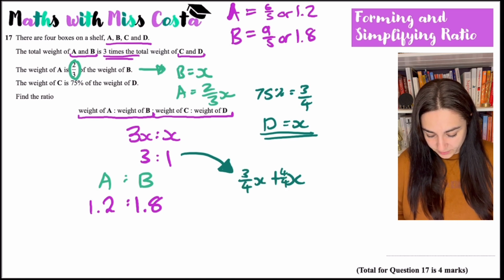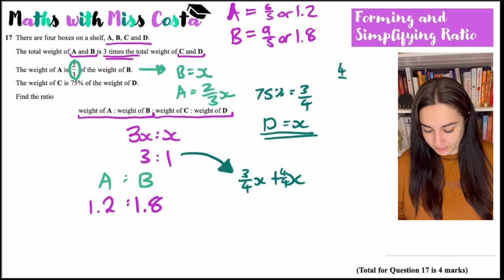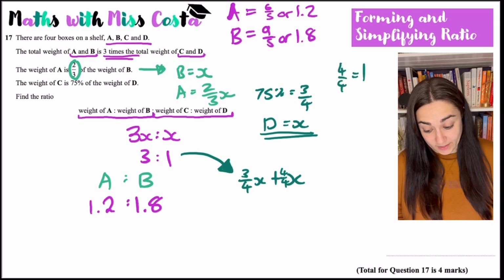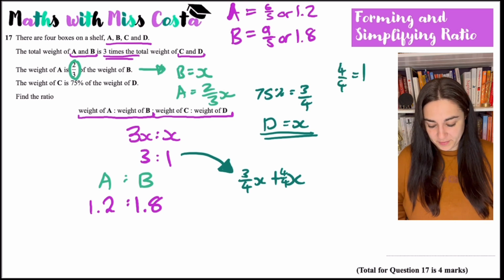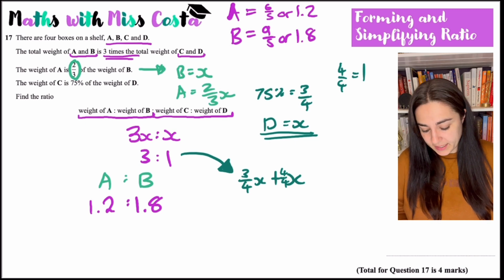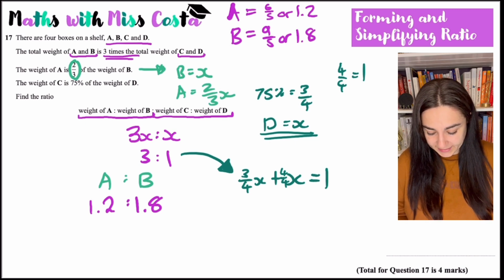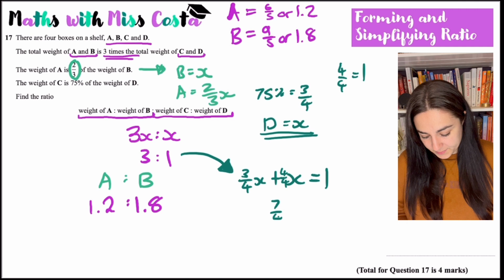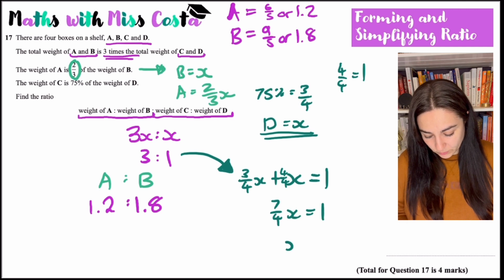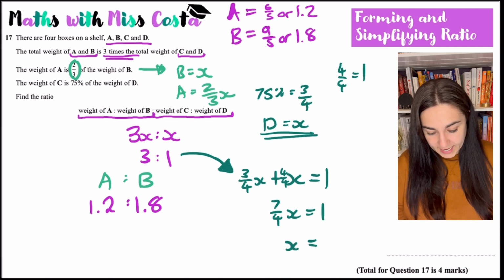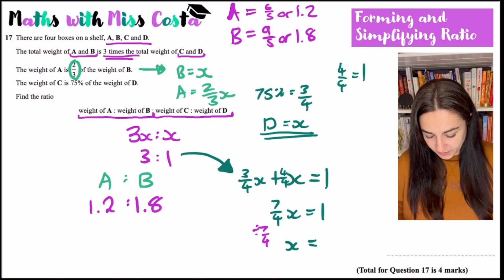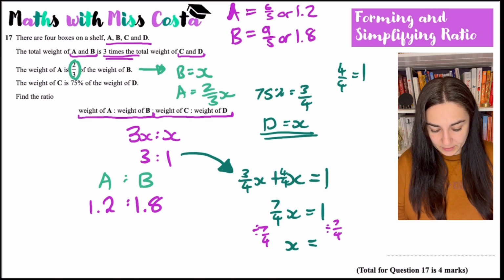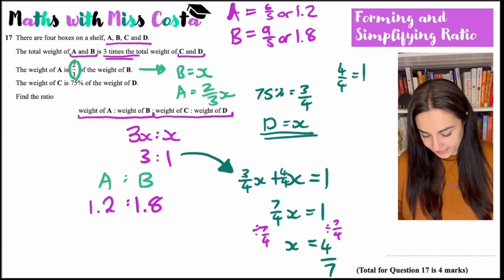And once again, I could write this as 4/4 X because what's 4/4? That's a whole. So it's the same thing, but just so you see what's going on. So 3/4 X plus 4/4 X must equal 1. Add them together, 7/4 X must equal 1. So how am I going to work out what X is? I'm going to divide both sides by 7/4, which leaves me with 4/7.